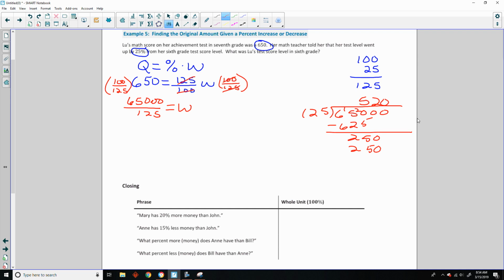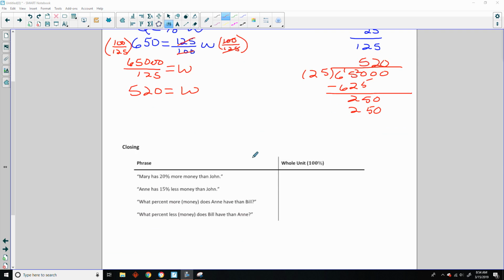So the answer is 520. So she got a score of 520 in 6th grade. It increased by 25% to 650.